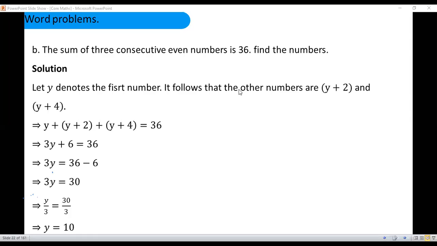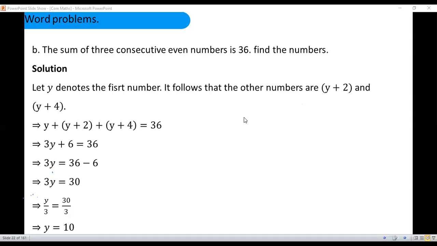It can be 44. Did you see 1 in the solution? No, sir. So where from the 1? I said let y denote the first number.